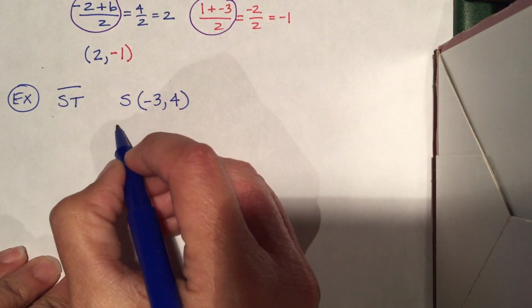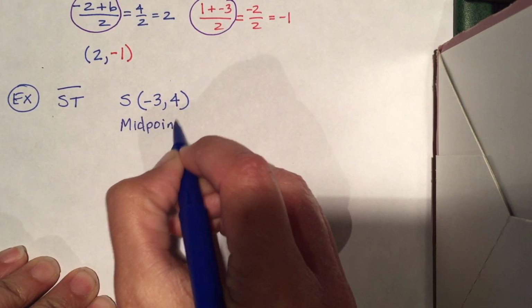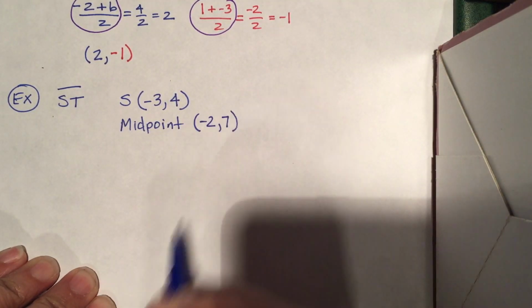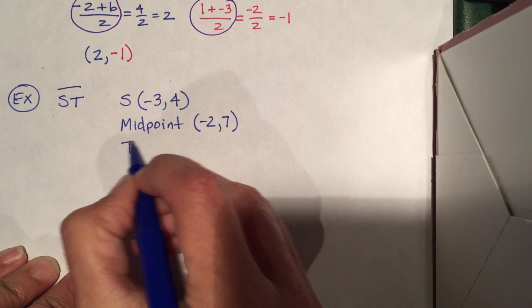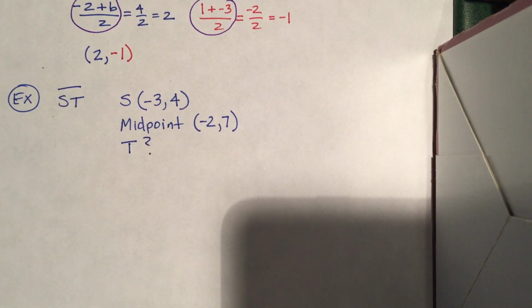I know that the midpoint of this segment is at -2, 7. So how do I find T? Now I'm not given the two endpoints. I'm given one endpoint and the middle point.